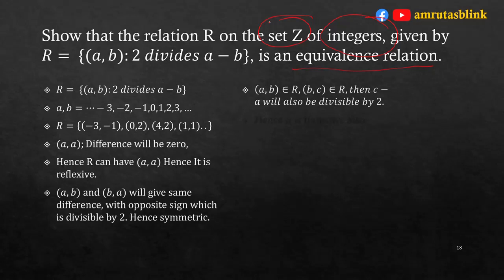Now, if we find the difference c minus a or a minus c, then this difference will also be divisible by 2. Hence, we can say that (a, c) also belongs to R, and hence this relation is transitive also. Now, as this relation is reflexive, symmetric as well as transitive, we can say that the given relation is an equivalence relation, and hence it is proved.